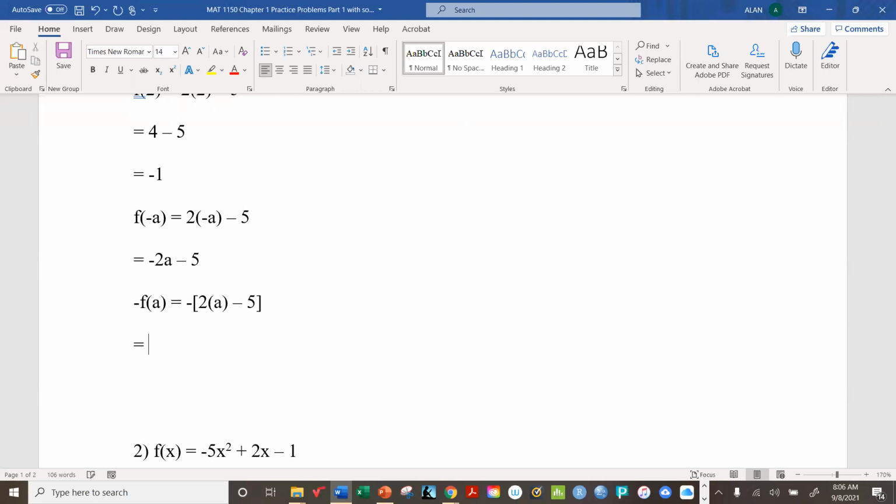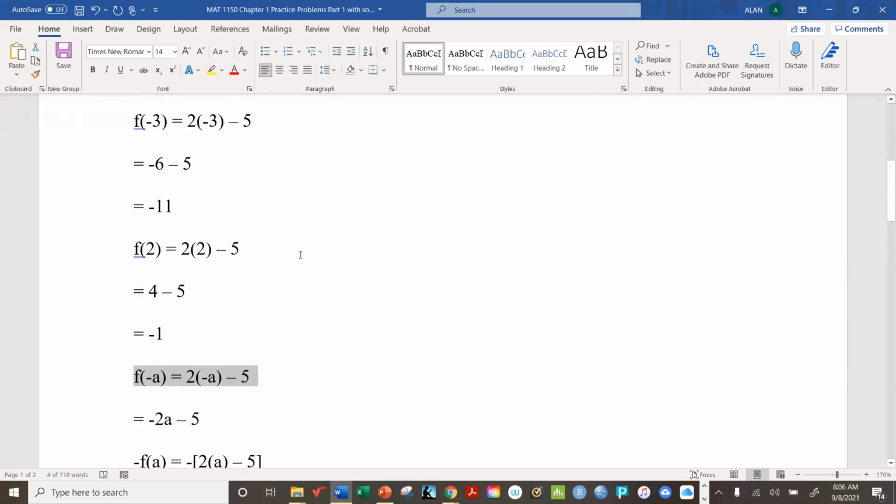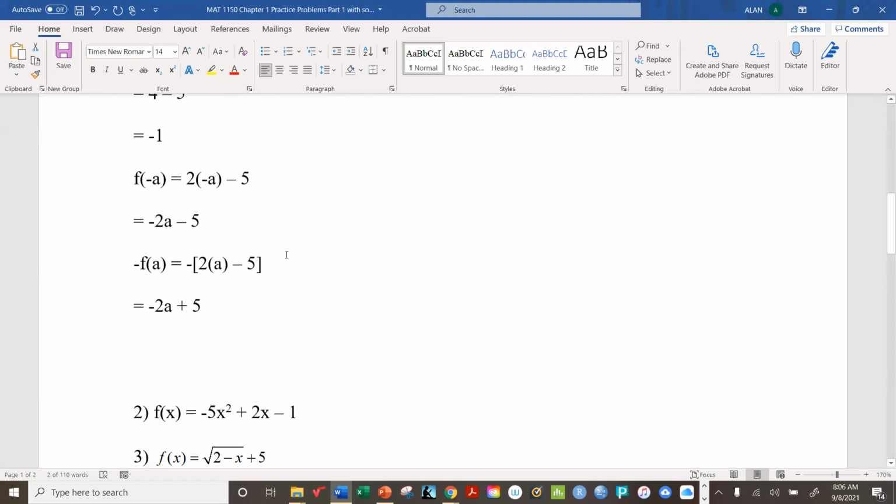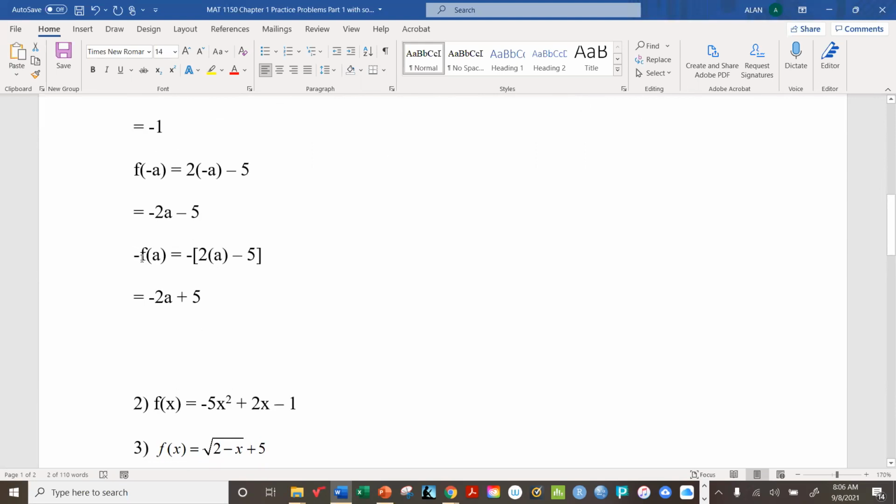So you're going to wind up here with -2a plus 5. So it's not the same, is it? With the previous one, all the x's are replaced with negative a's. Whereas here, you're actually solving for f of a, but then applying a negative to the result. So therefore, that's why it looks like this.